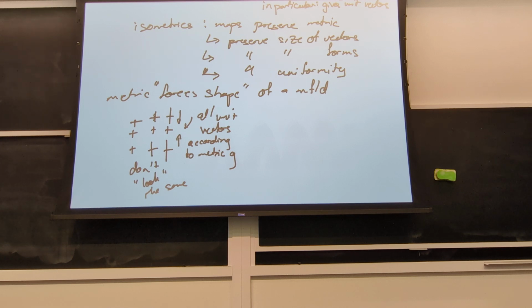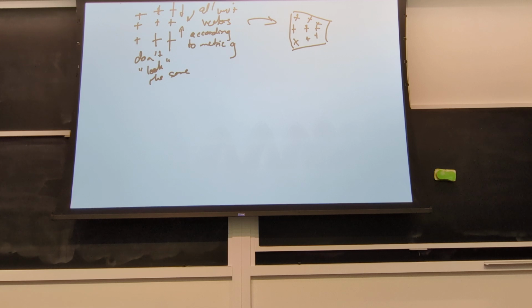So it shrinks down the vectors out here. And so in order to get these vectors to all look the same size, you'll have to impose this sort of curving of the shape. So in order for all the vectors to look the same, it forces the shape itself to curve. So this is what I mean by the metric forces the shape of the manifold. We won't discuss that right now, but this is what metrics are actually useful for, and we'll maybe discuss this later.